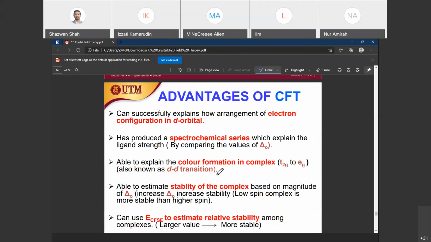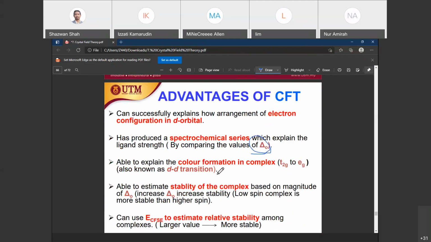Okay, so by using CFT, we can successfully explain the electron configuration in the orbitals, and also the spectrochemical series. The spectrochemical series is where the ligands are arranged based on the splitting energy.